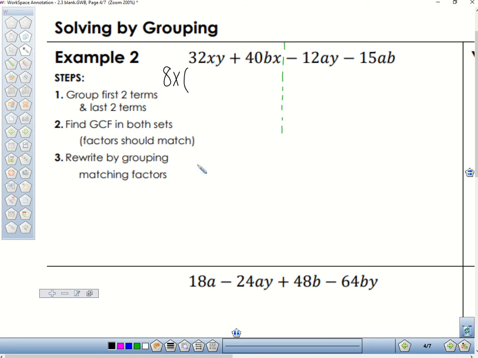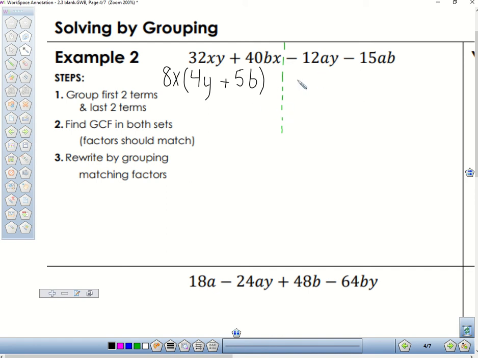And when I do that, I'm left with 4y plus 5b. And what about on this side? What can I factor out over here? Good. I can factor out a negative 3, right?